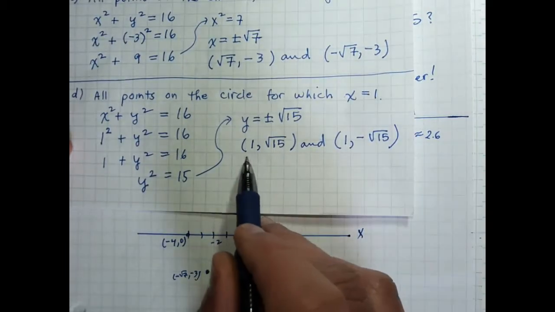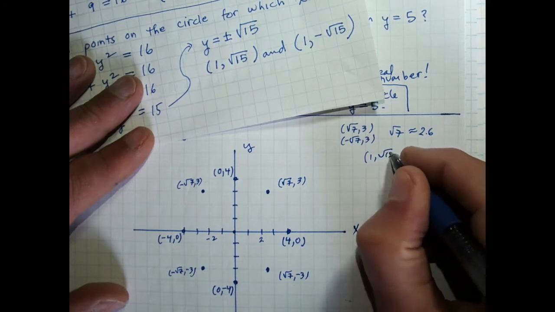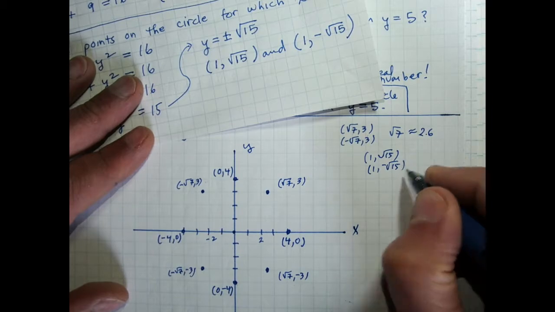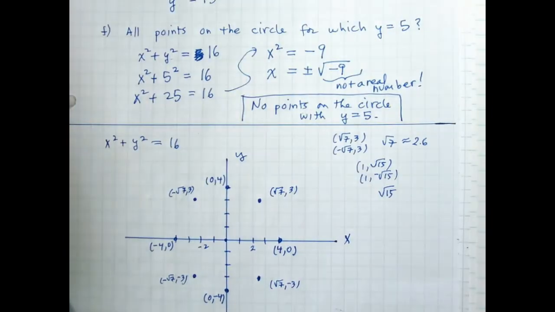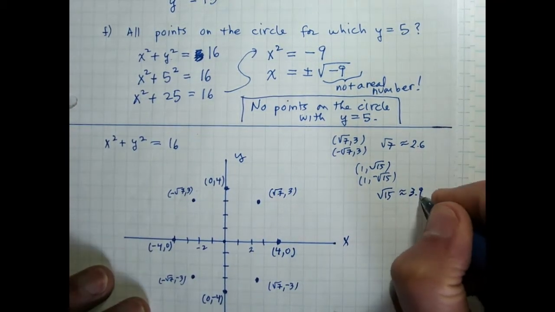In D, we got 1, square root of 15, and 1, negative square root of 15. So I need a decimal for square root of 15 so I could plot that, and I checked on my calculator, that's about 3.9.